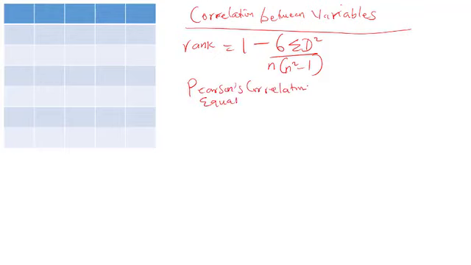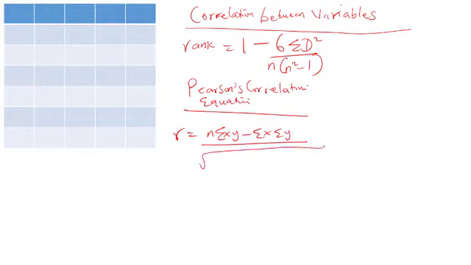Now the formula for the Pearson's correlation coefficient is n summation of xy minus summation of x summation of y, all over the square root of, you have your n, summation of x square minus summation of x all squared.